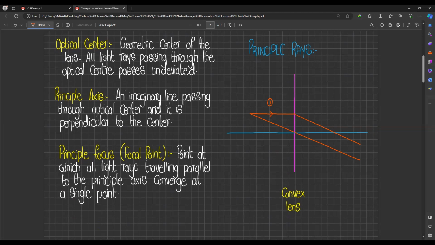And the third is when a light ray passes through the principal focus, it bends and then moves parallel to the principal axis.